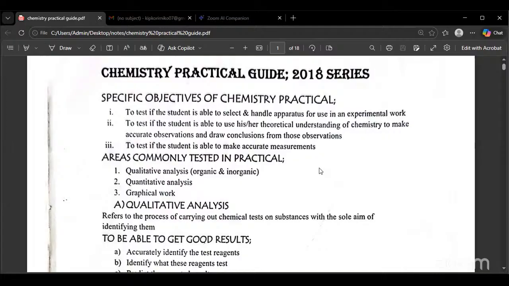If you can use the pipette filler or your mouth to suck and transfer liquid to the conical flask. If you can swirl as you titrate against that solution, those are the things that you're supposed to know. If you can follow the instructions, like add three drops of the indicator, if we are adding in that case, which I will show you, there is a question in this one that does not actually add.